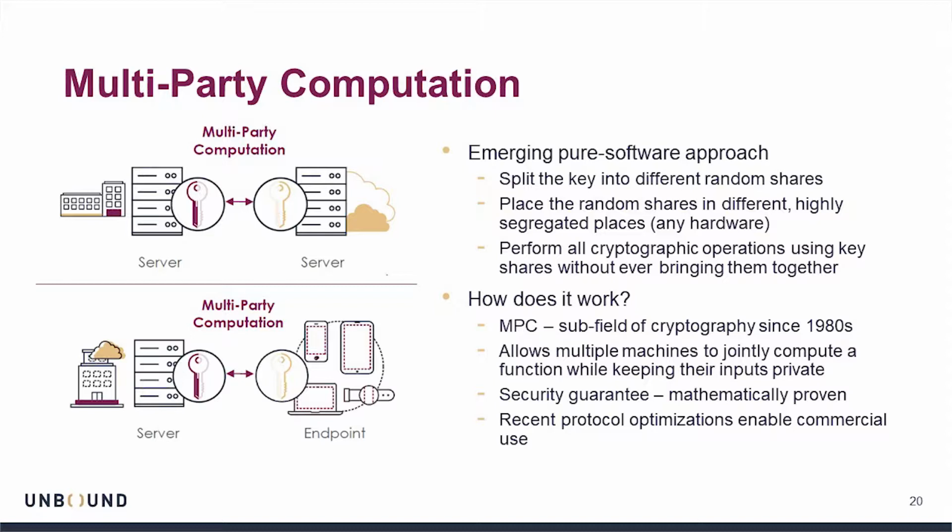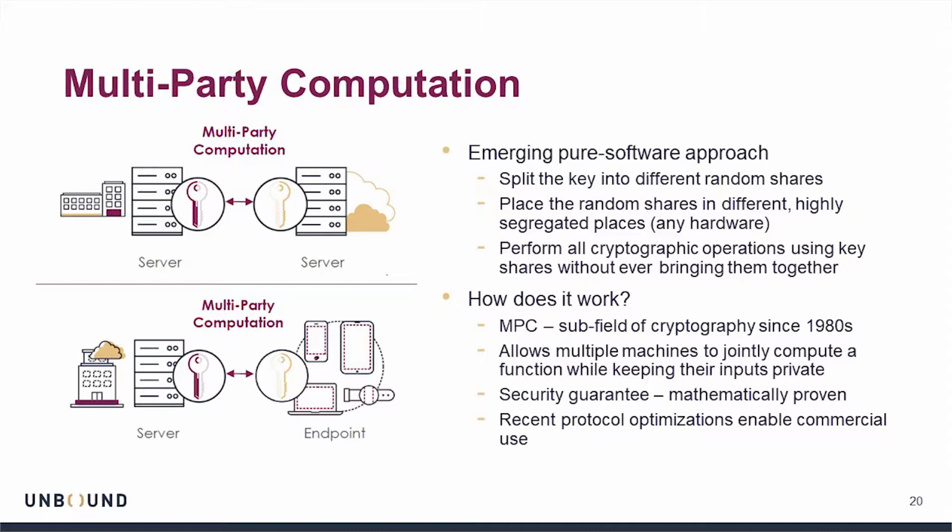It's called multi-party computation, or MPC, and it provides mathematically proven security guarantees. As I mentioned, it's been around about 30 years, but for about 20 of those 30 years, it was purely theoretical research. In the last 5 to 10 years, it's become practical enough for deployment in practice, and that's what I want to present to you now.